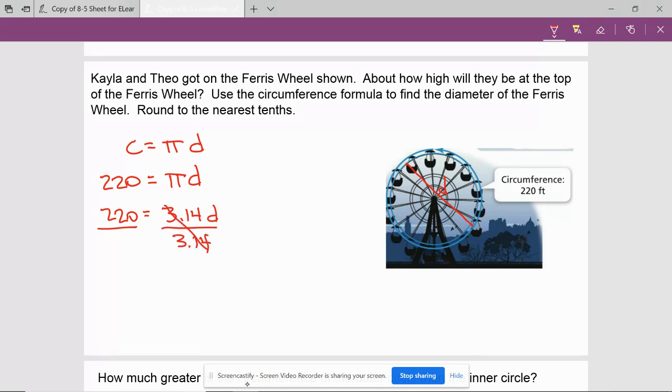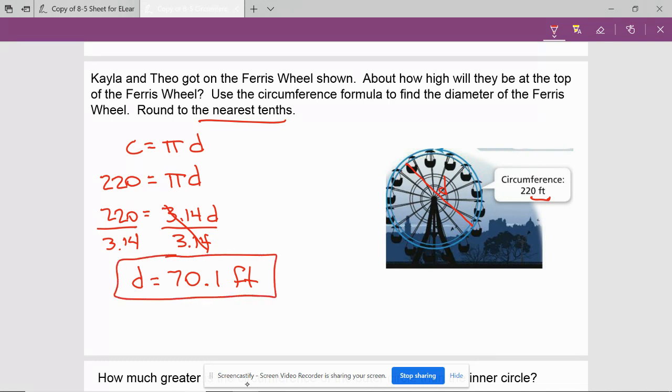So we get 3.14 to cancel out. 220 divided by 3.14. So our diameter is going to be equal to 70. And if we round to the nearest tenth, it's going to be 70.1. And we're using feet. So 70.1 feet. So there's our answer right there. Hopefully that makes sense when you hear me explain it out a little bit like that.